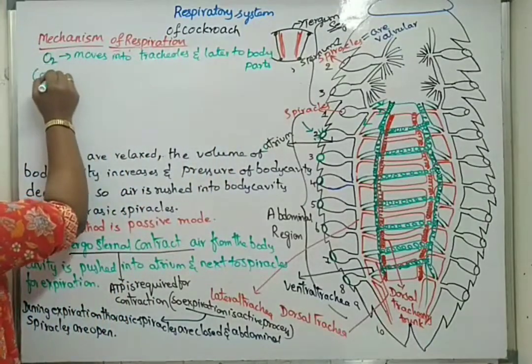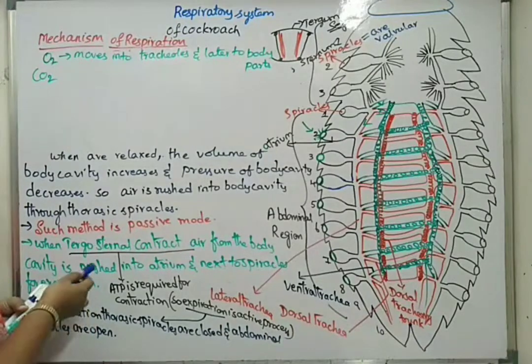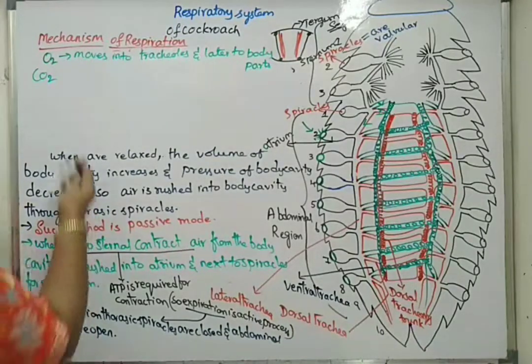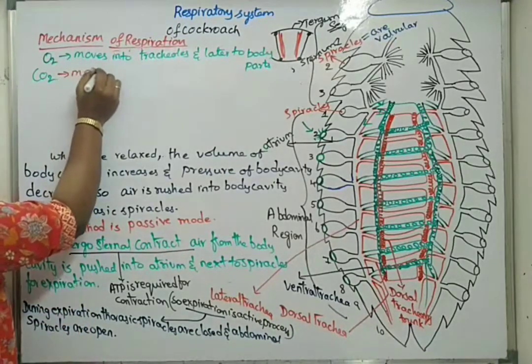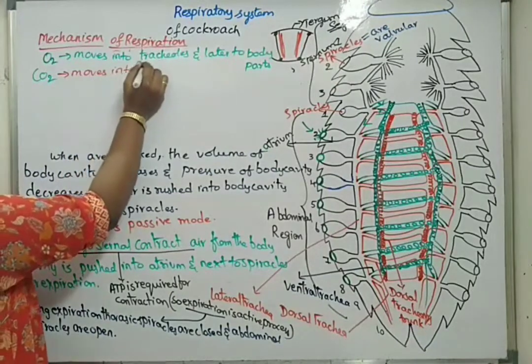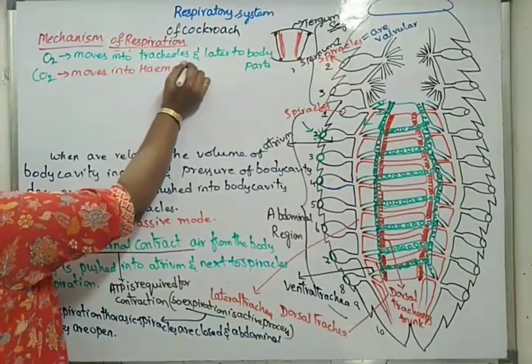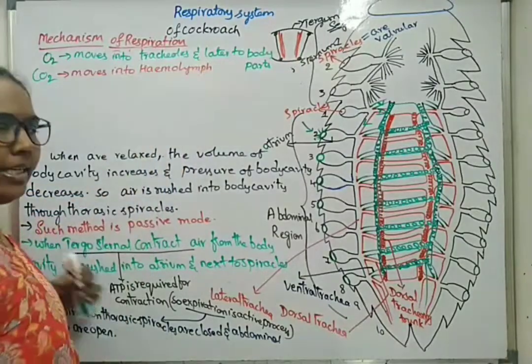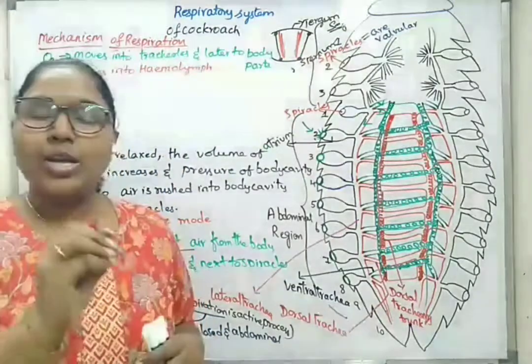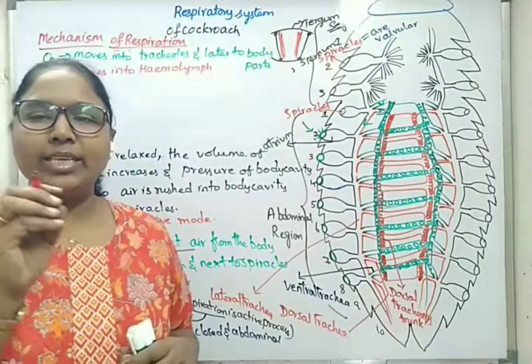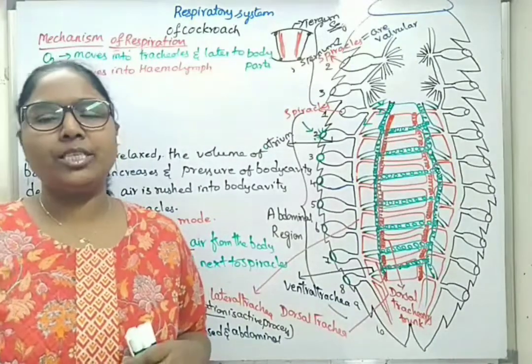Then, what about carbon dioxide? When oxygen is occupying the body parts, then CO2 moves into hemolymph. Slowly, when CO2 has reached hemolymph, it gets accumulated for expiration near to the spiracles.